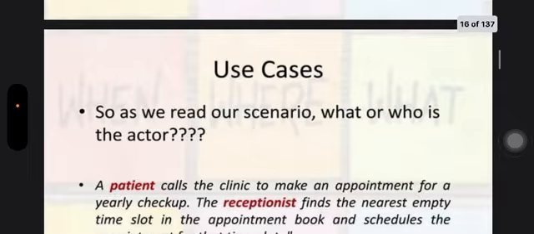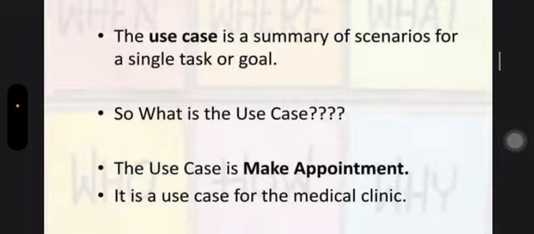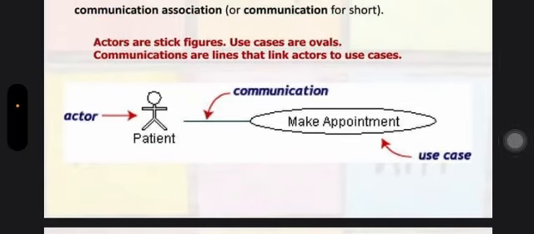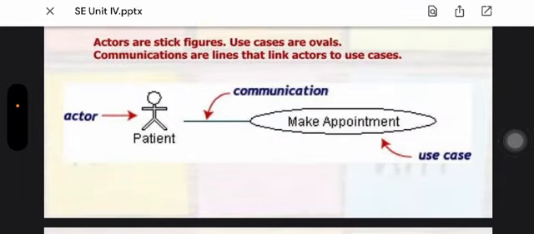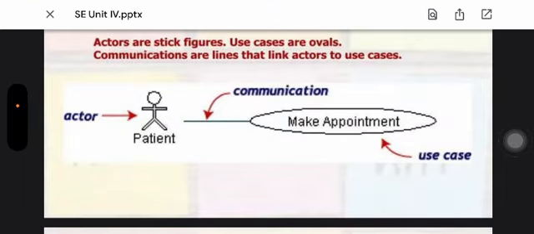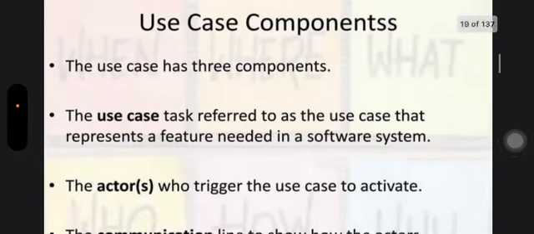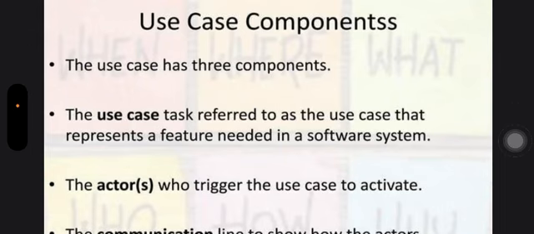So let's see how it looks when you make an appointment. So here is a person who makes the appointment. So this is a use case and it communicates with the use case. So it has three components.